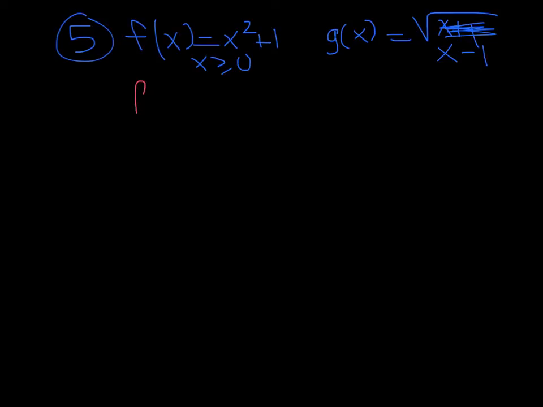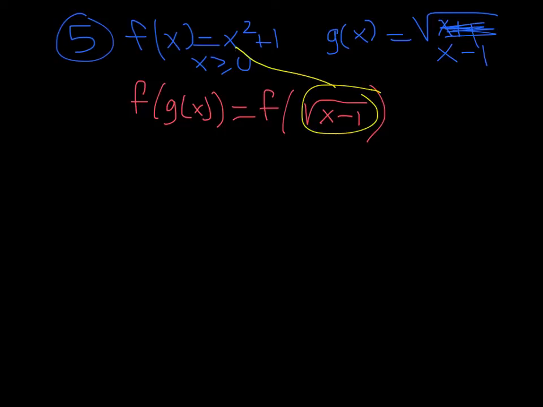First thing I'm going to do is I'm going to compute f of g of x. When I do that, that's the same thing as f of the square root of x minus 1. So now what I need to do is I need to take this x minus 1, substitute it into the x in the f equation.